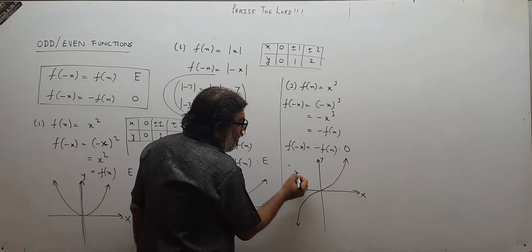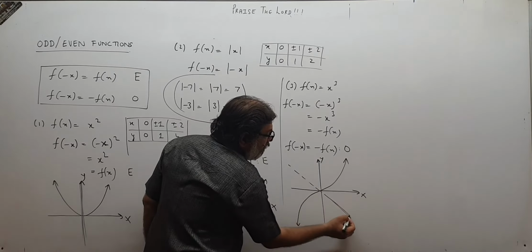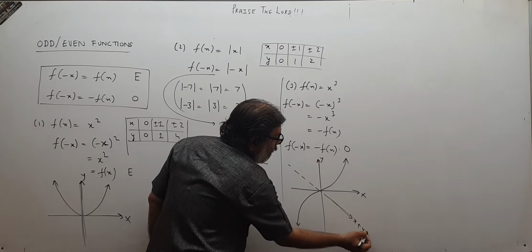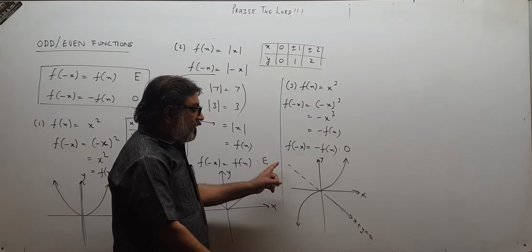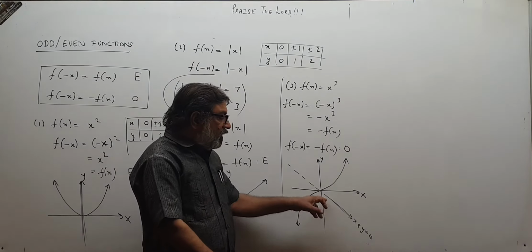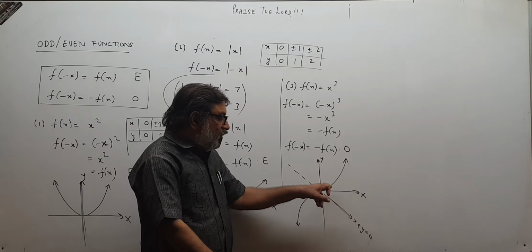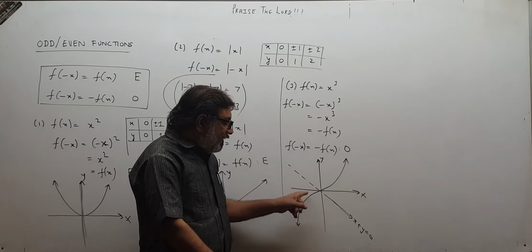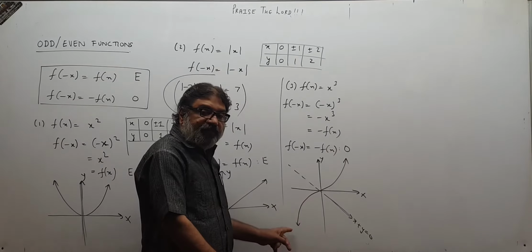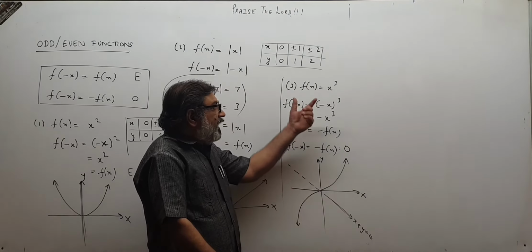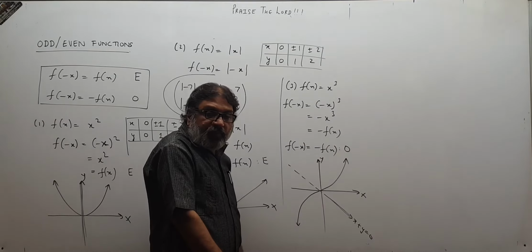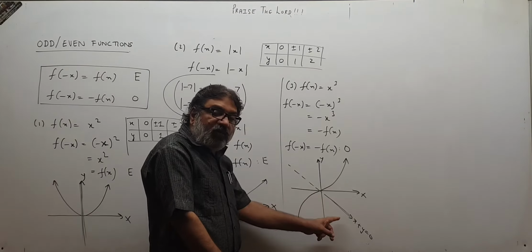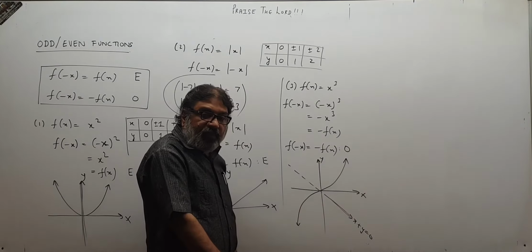If you place a mirror along the line x plus y equal to 0, then whatever reflection of this you see in the mirror will exactly follow this pattern. So therefore, if f is an odd function, then it is symmetric with respect to the line x plus y equal to 0.